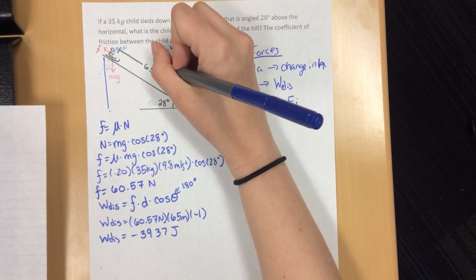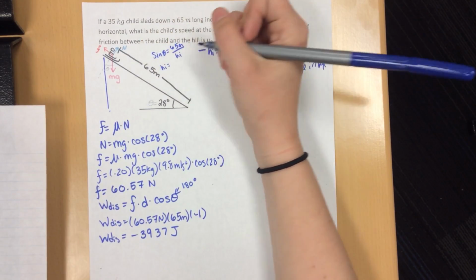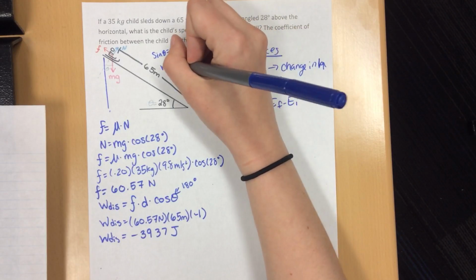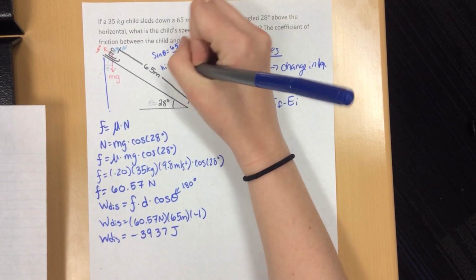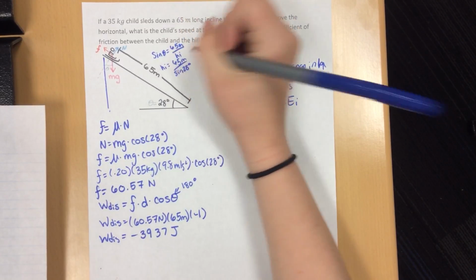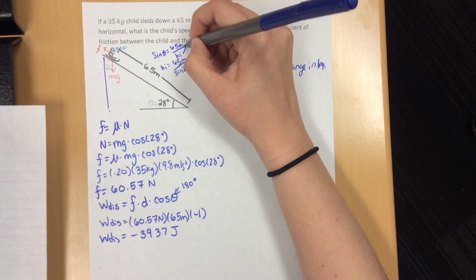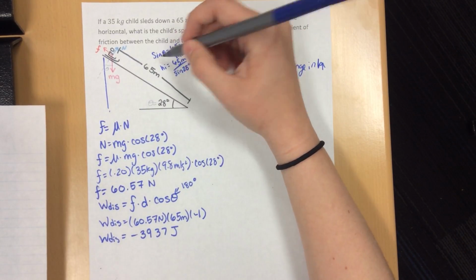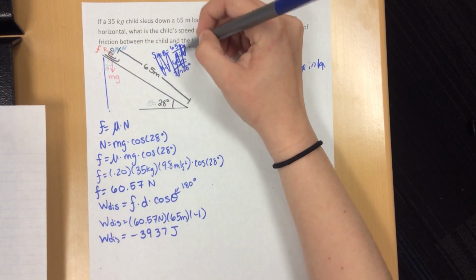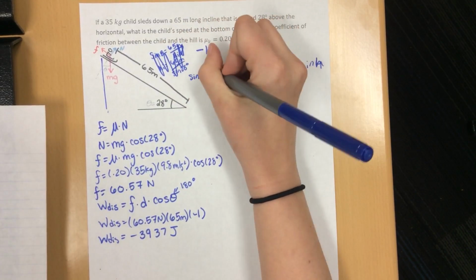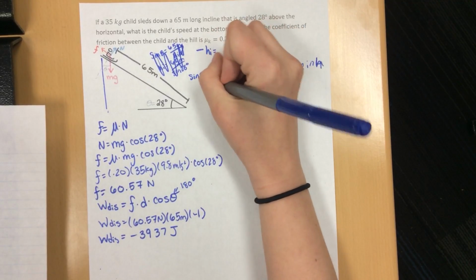So our initial height is going to equal 65 meters divided by the sine of 28 degrees. Nope. Sorry about that. This is upside down. Sorry, it's actually going to be the sine of theta is equal to my initial height over 65 meters.